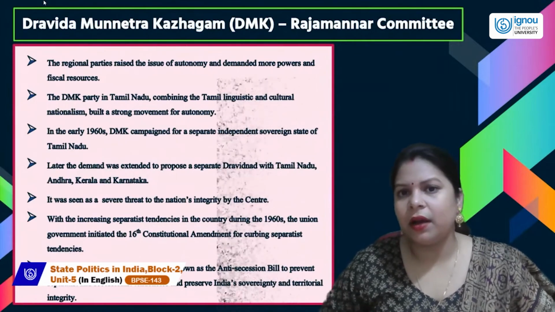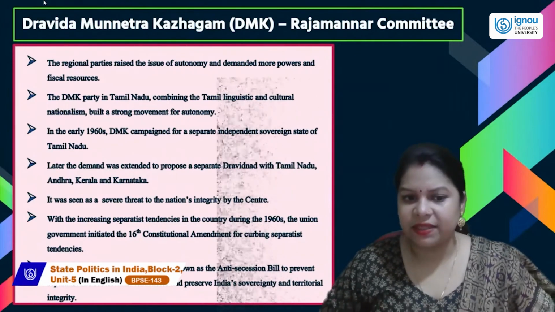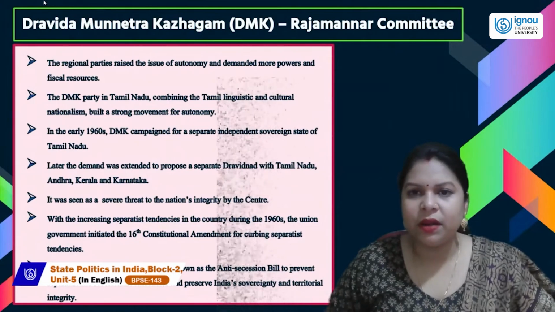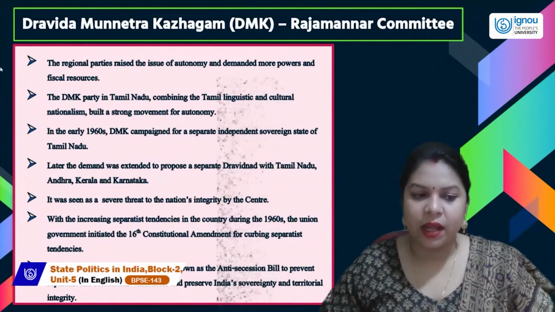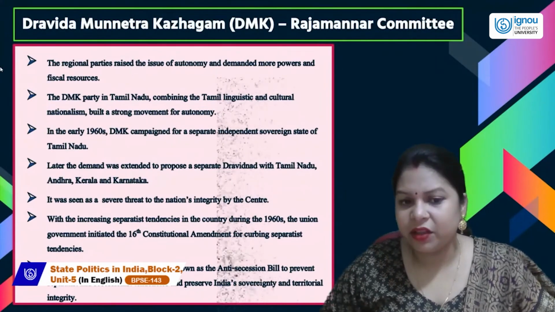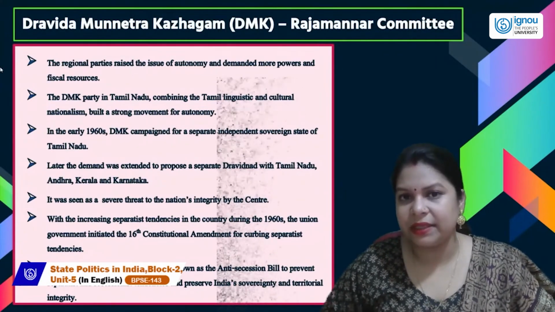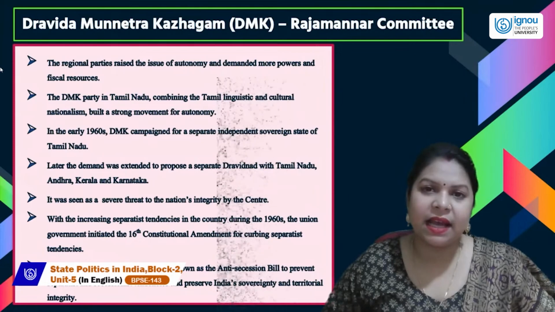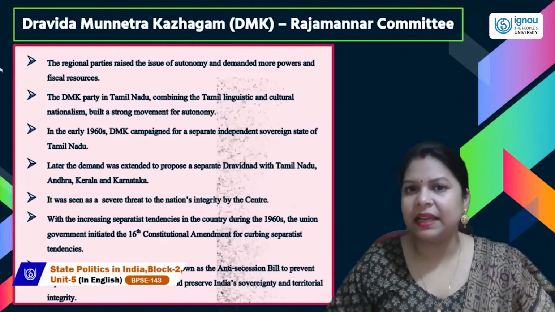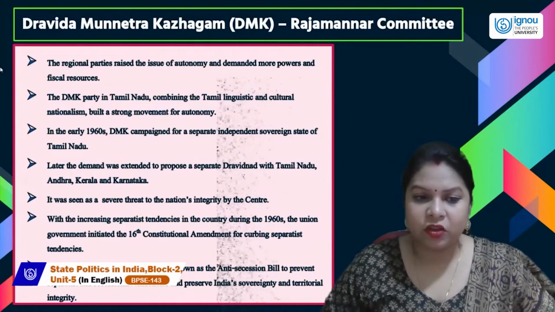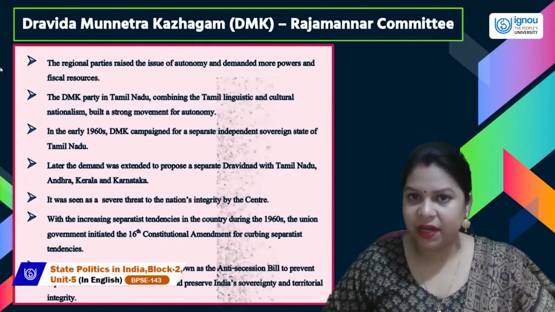So they wanted a separate Dravida Nadu for themselves, and this was a question that was posed towards the Indian government. It was seen as a severe threat to the nation's integrity by the center. The center says that if people get separated like this, then it is a very big threat to India's integrity.